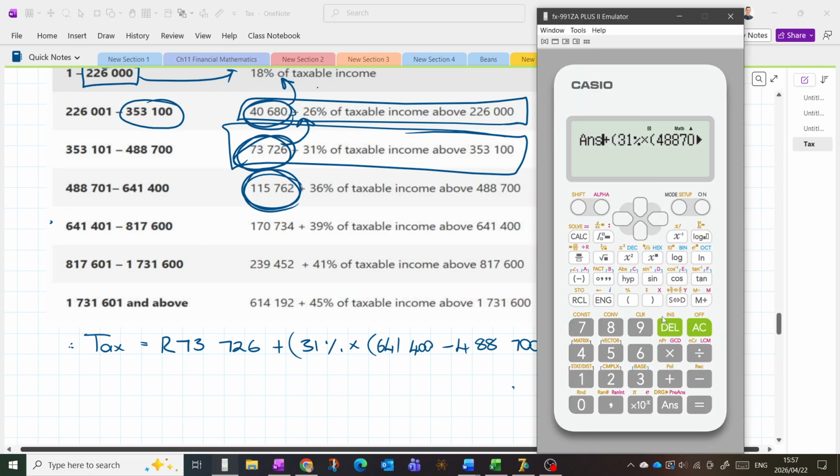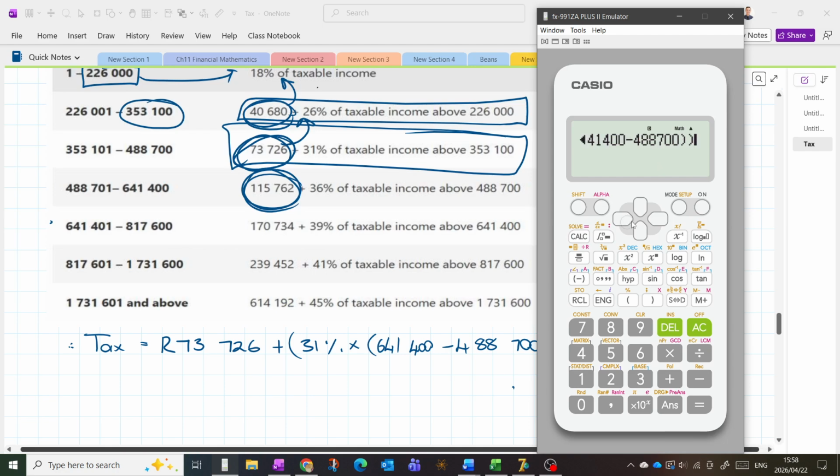Okay, let's just fix this quickly. This is 73,726. This is 641,400 minus that amount. Oh, that's not good.